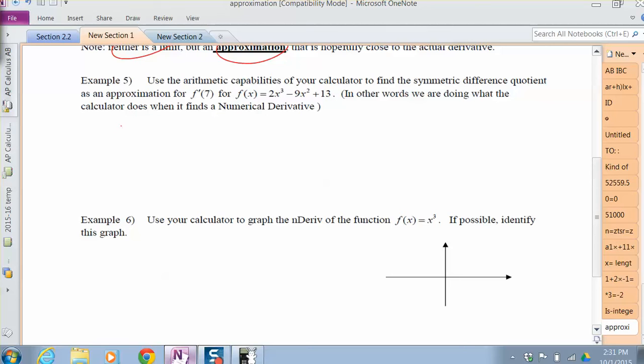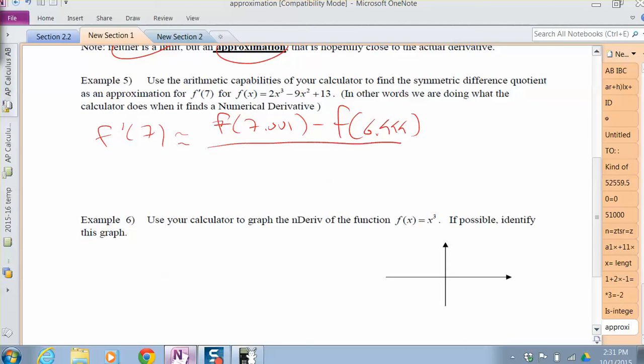So f prime of 7 is going to be approximately f of 7.001 minus f of 6.999 all over 0.002. Now you could actually plug in 7.001 manually into f of x and 6.999 manually for f of x, but I'm lazy.